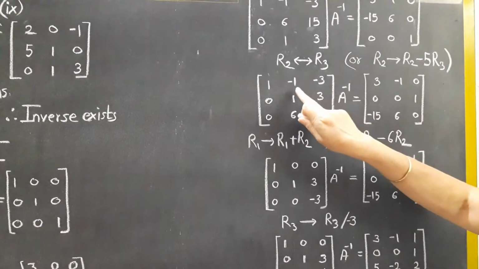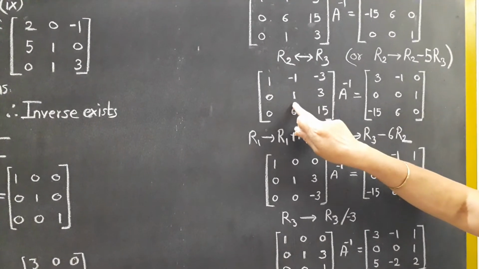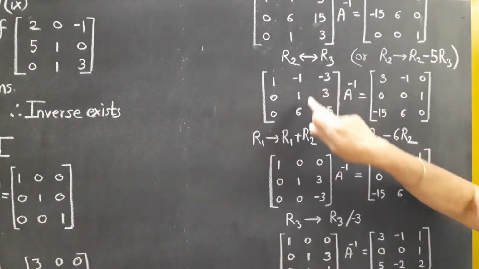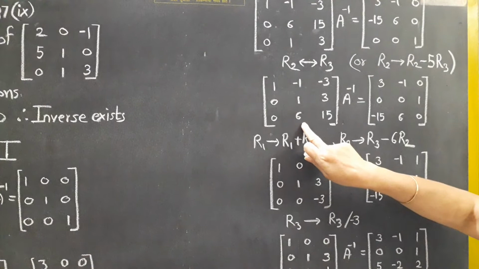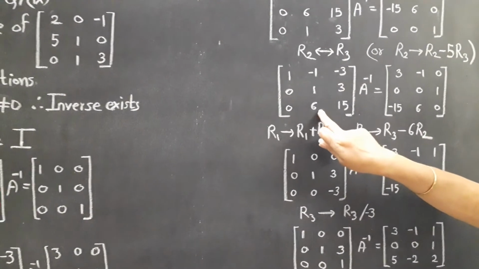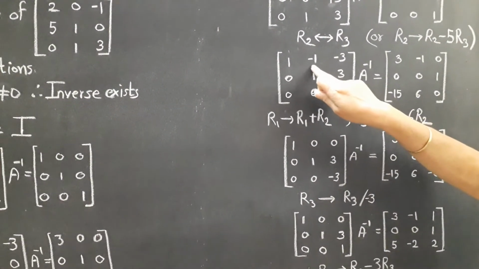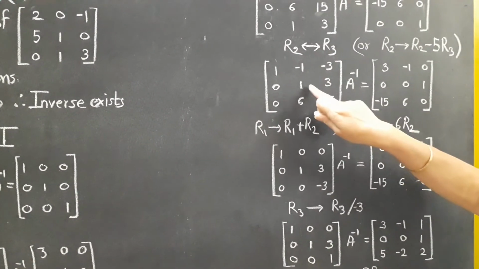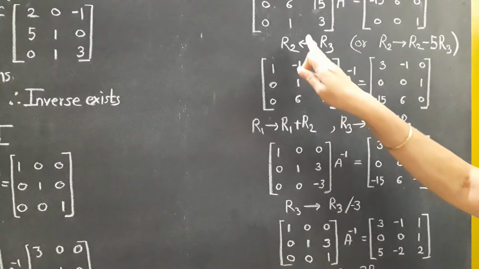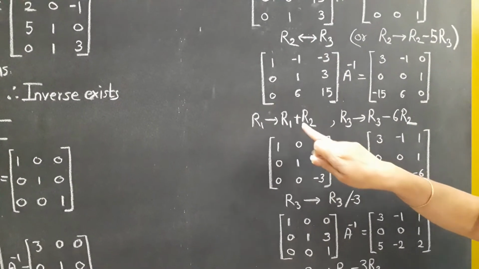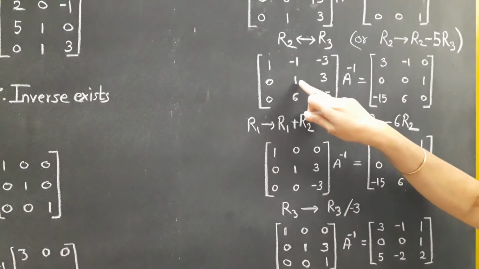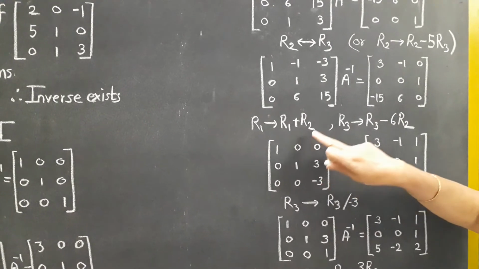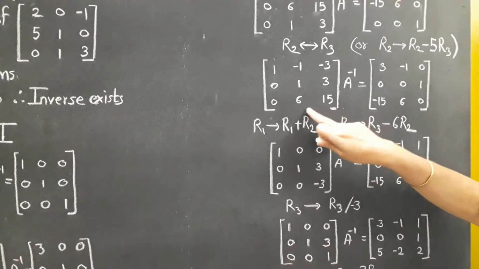And then in the second column, 1 is already over there. Now we have to bring zeros here in R1 as well as R3. In R1, K becomes the opposite of this, that becomes plus 1. Since we are completing the second column, R2 we are going to make use of. Rj becomes R2 in both the cases.